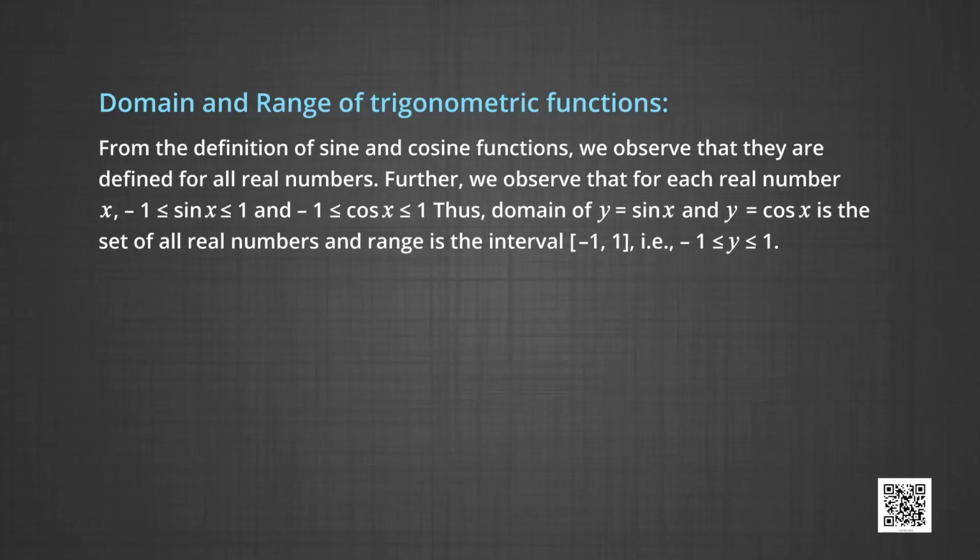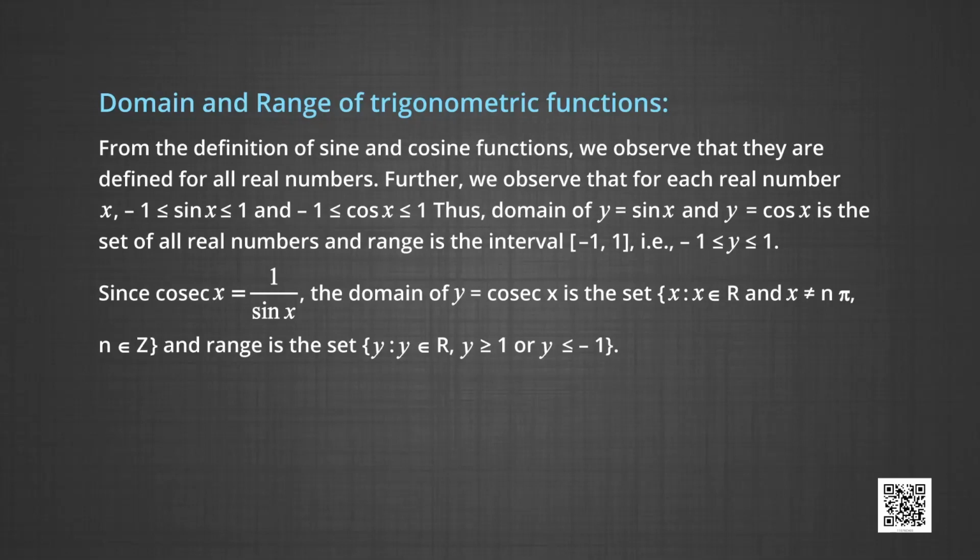Thus, the domain of y = sin x and y = cos x is the set of all real numbers and the range is the interval minus 1 to 1, that is, minus 1 is less than or equal to y is less than or equal to 1.